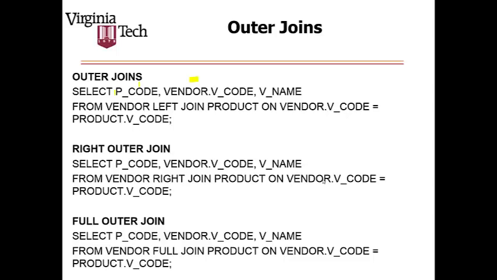The V code has a key name and a foreign key name because they don't use a naming convention, and so they have to specify that the V code comes from the vendor table. Vendor name and P code are unique across product and vendor, so you don't have to specify them in more detail.